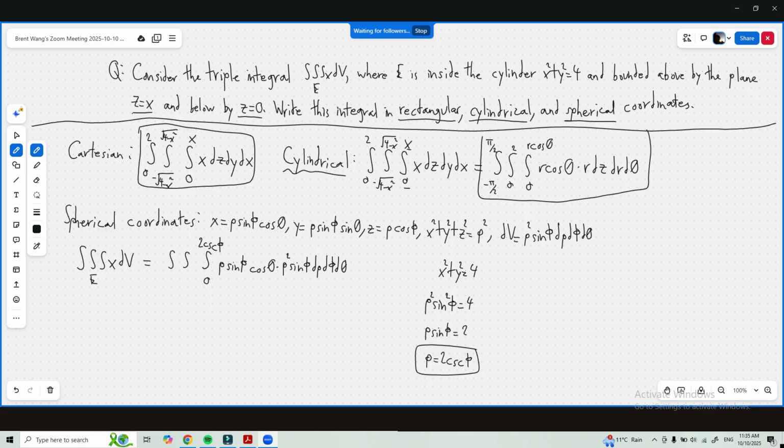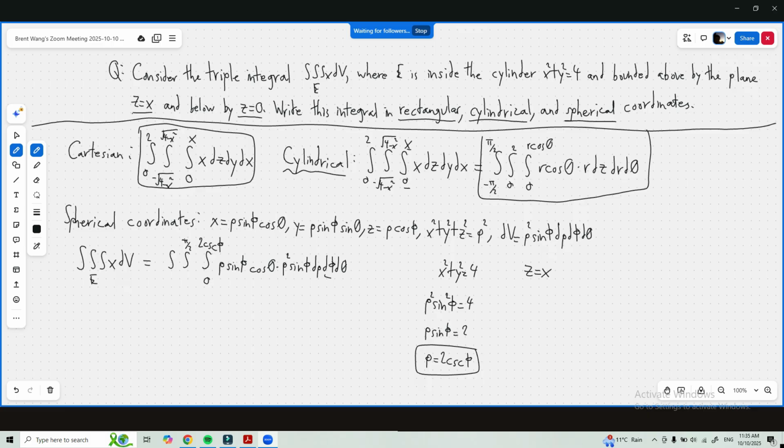Okay, now let's look at phi. z equals x. I already know for phi that the maximum angle is pi over 2 because of the plane z equals 0. Because phi goes from the positive z-axis all the way to z equals 0.